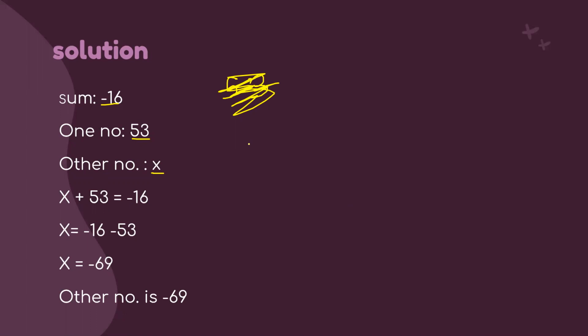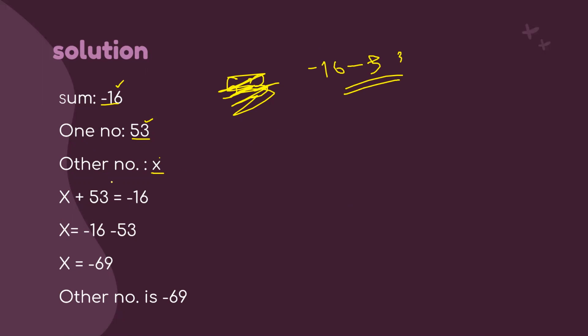You might have solved it like normal with normal numbers. So we subtract the one number from the sum, then only we get the other number. So this will be nothing but minus 16 minus 53, and then you just solve this.